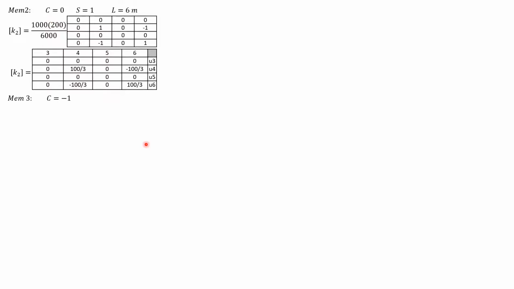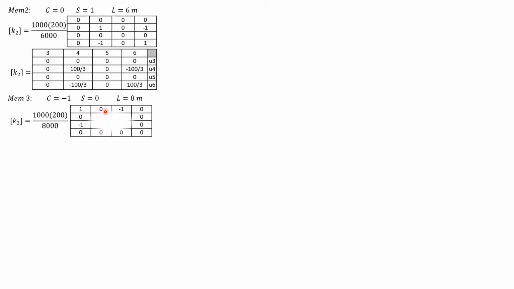Number 3, cosine is negative 1, sine is 0, then length is 8 meters. A3 is 1,000 times 200 over 8,000 times 1, 0, negative 1, 0, CS 0, S squared 0, then their negatives. And after that, copy, copy. Combined with this value, K3 would be equal to the values here.